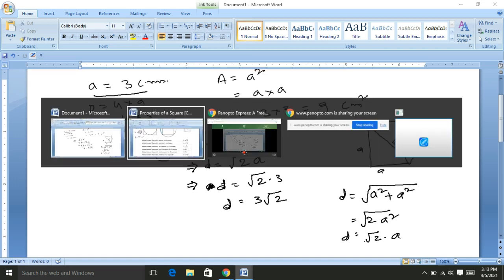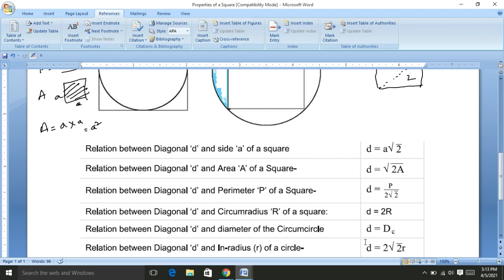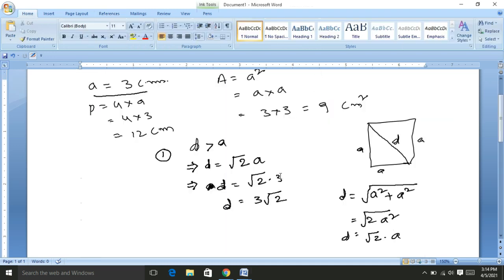And again I am going to the second formula, the relation between the diagonal d and the area of the square A. So this is d equal to square root of 2A. That means we know the relation between the diagonal and area.